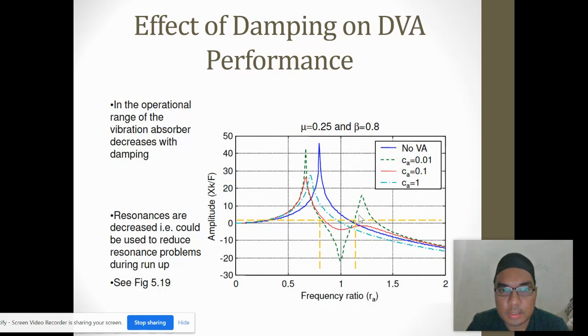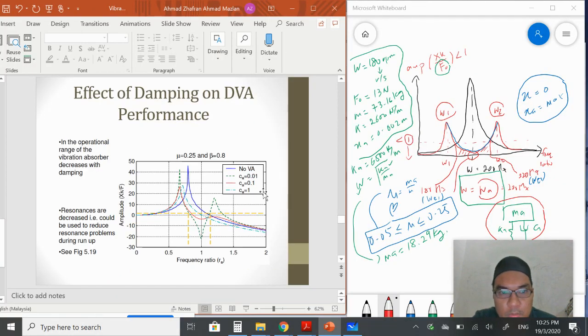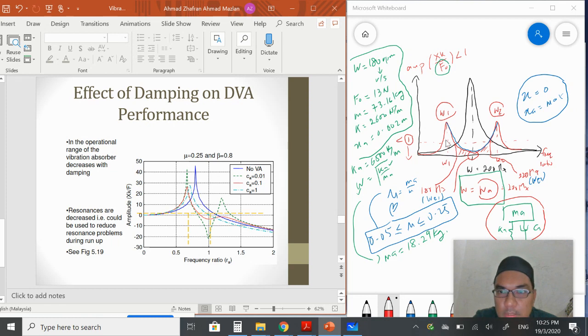The next one is the same figure also. It is the same as the case of no vibration absorber, the thing that I showed you before, the blue one here. It's actually similar to this, the black one. Then you add the DVA, the green one.